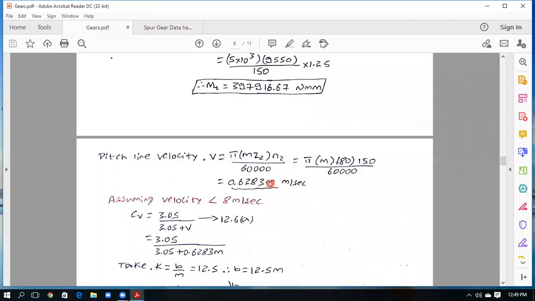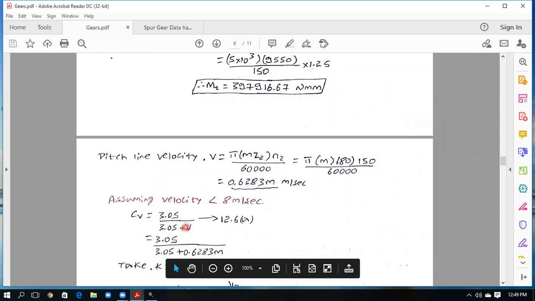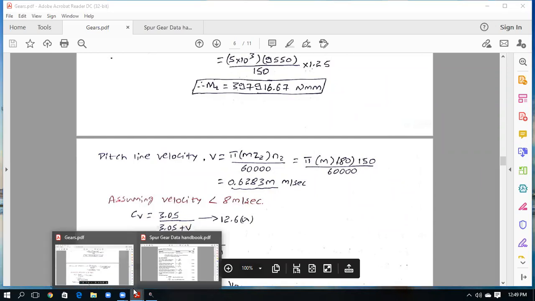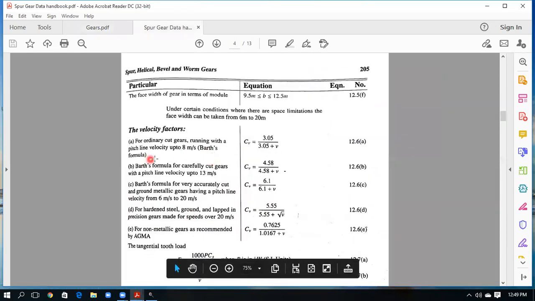For that reason, what I will do is assume that whatever velocity we are going to get from this, it is less than 8 meters per second. After assuming that, here you can see that it is up to 8 meters per second.